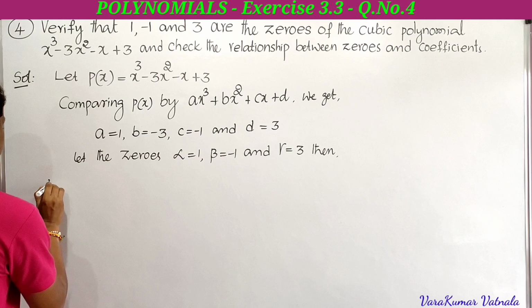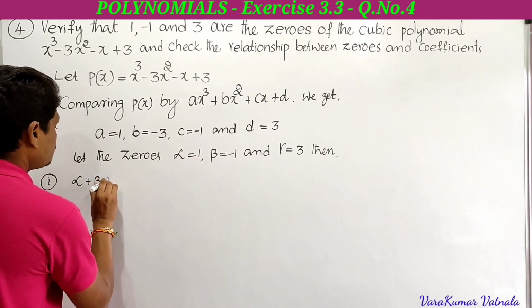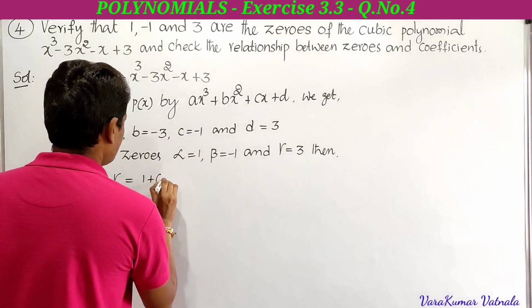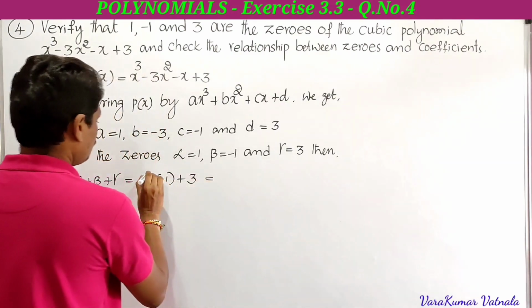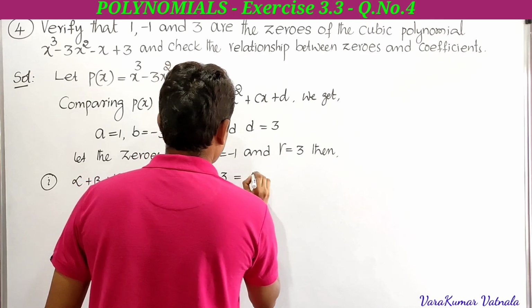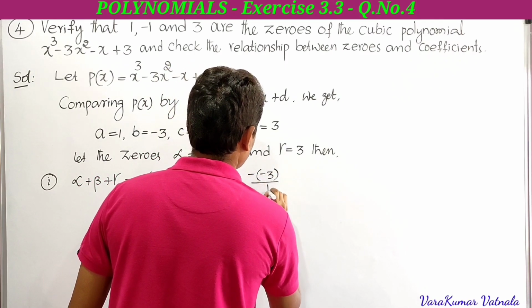First one, sum of the roots alpha plus beta plus gamma is equal to, so alpha value is 1 plus beta value is minus 1 plus gamma value is 3. So 1 plus 1 minus 1 gets cancelled, it is 3. So 3 I am writing as minus of minus 3 divided by 1.